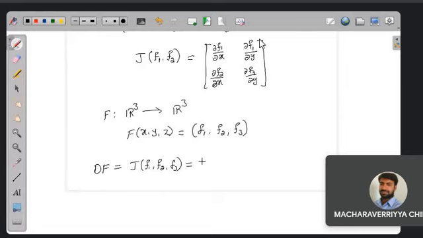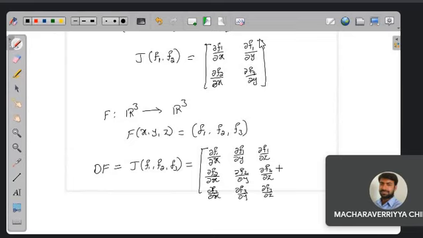Right. And this is nothing but the matrix which is given by the derivative of f1 with respect to x, f1 with respect to y, and f1 with respect to z. Similarly, we write it for f2. Okay, so this is the Jacobian matrix for this function.